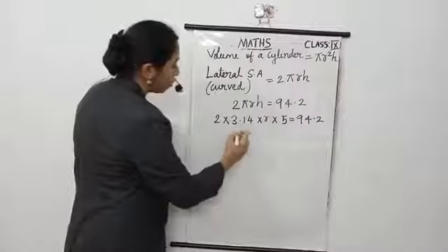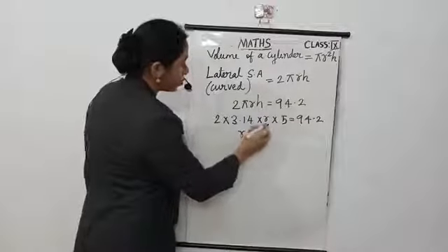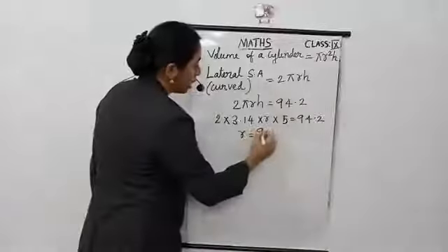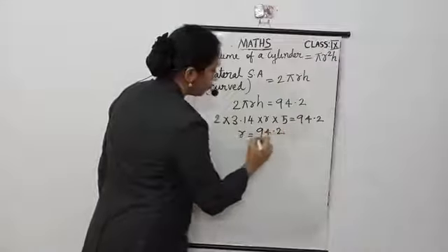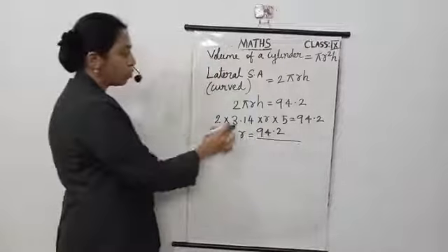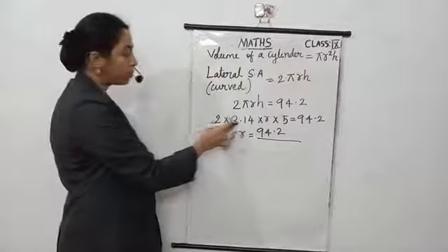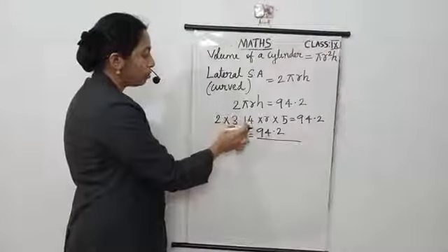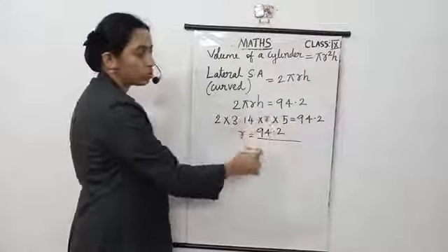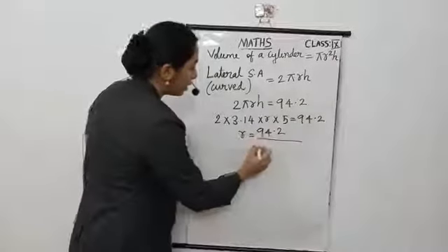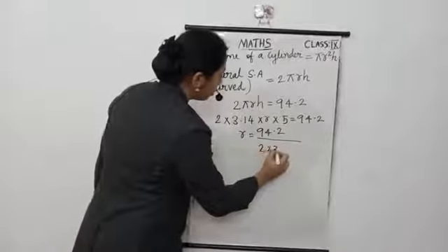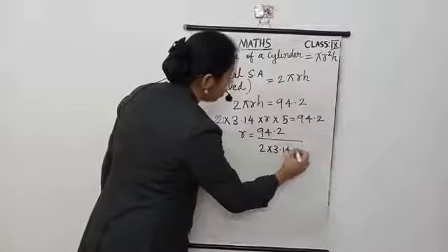Okay. Now r equal to 94.2. Now here all are multiplications, so transpose these 2 into 3.14 into 5 to the right hand side. Here division, 2 into 3.14 into 5.